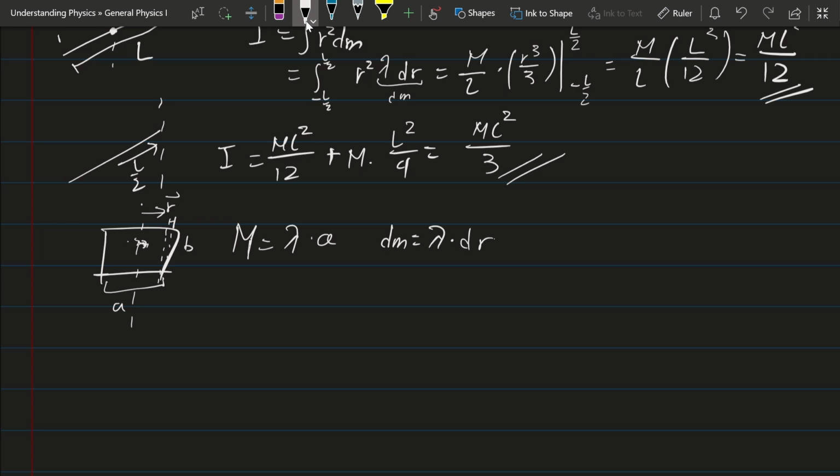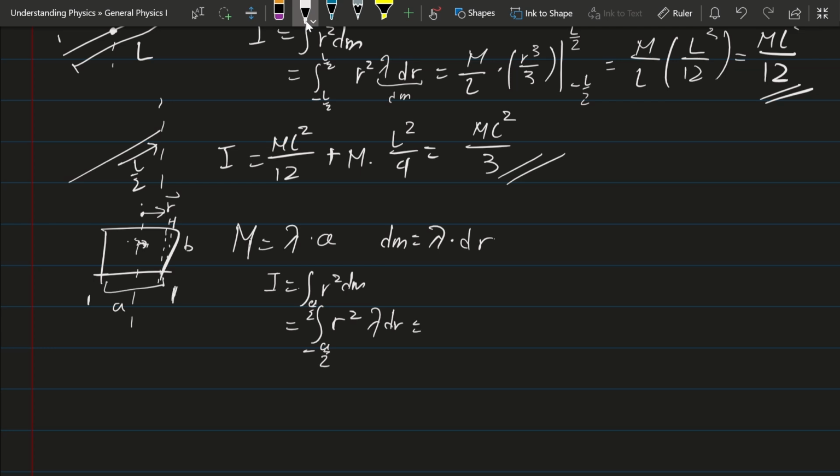So doing the integral again, I equals the integral of r squared dm. This will equal r squared, because the r starts from here, going to a certain point within a distance r, and the dm is lambda dr, taking that to be the integral from negative A over 2, which is the starting point, towards the finish point, which is A over 2.